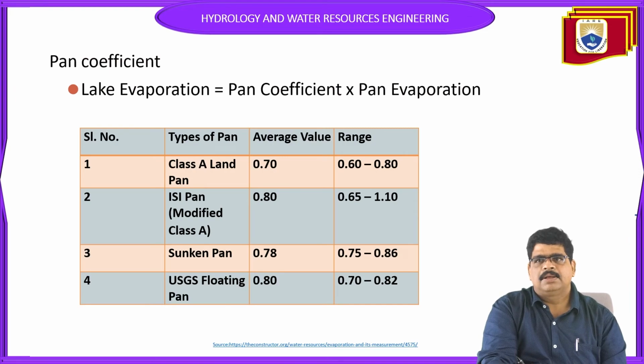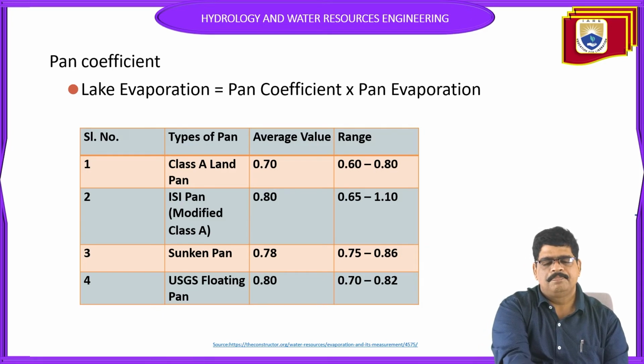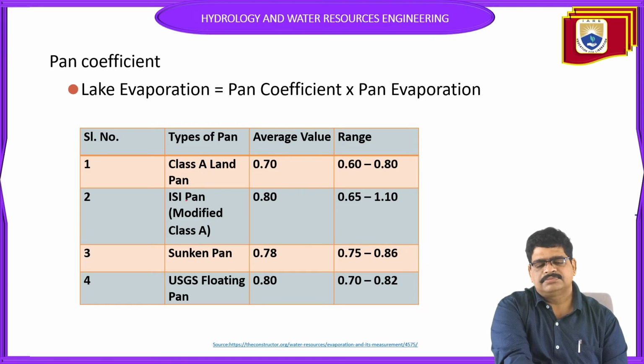Let us see the pan coefficient values for the different types of pans. Lake evaporation is equal to pan coefficient times pan evaporation. The pan coefficient values: the Class A land pan is equal to 0.7, with a range from 0.6 to 0.8. The second one, the ISA pan modified, is equal to 0.8, with a range of 0.65 to 1.10.